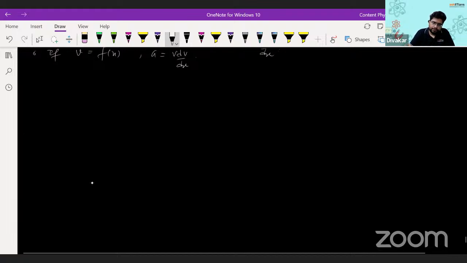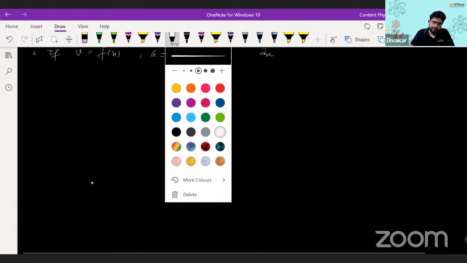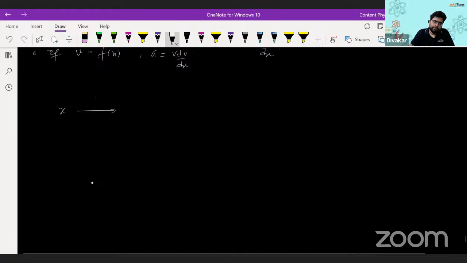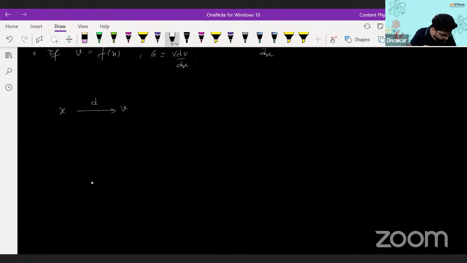Now, next thing. If I have displacement, I can go to velocity by differentiating it. If I know velocity, I can go to acceleration by differentiating it. I can go in reverse as well. So for example, if there is acceleration and I integrate it, I'll get velocity. And if I have velocity and integrate it, I get displacement.